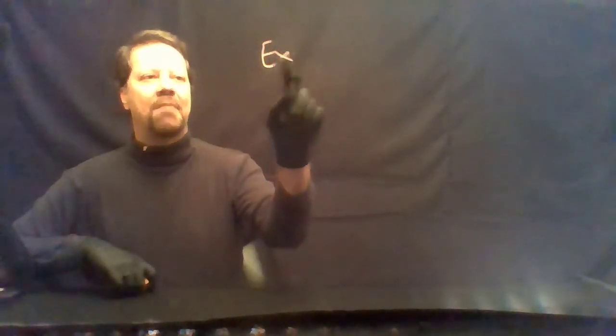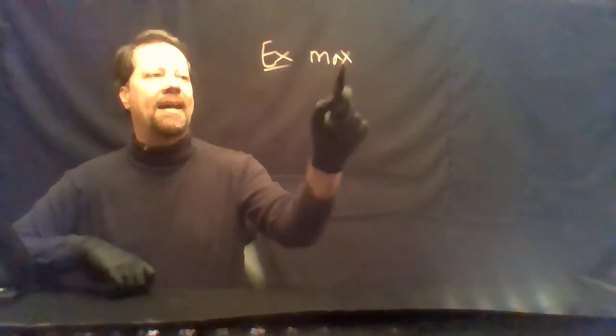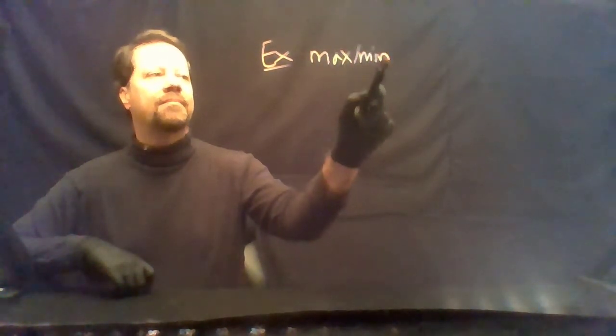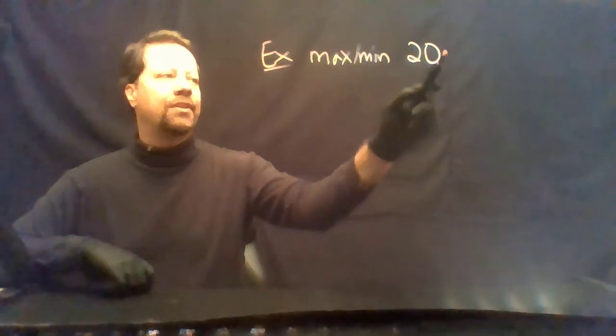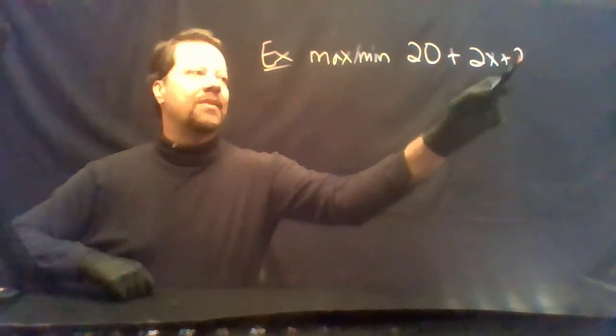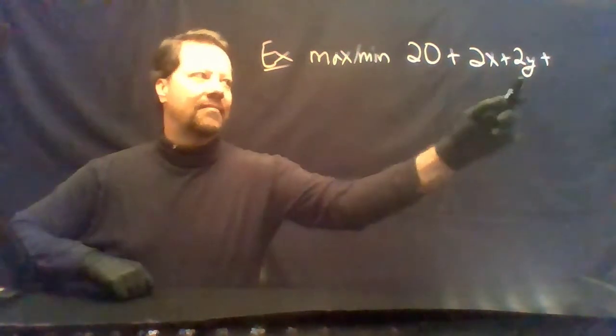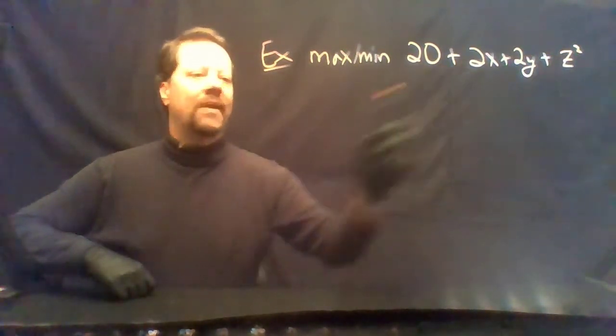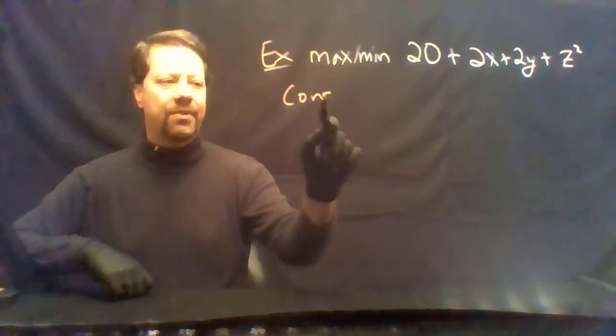In our next example, I'm going to show you a new feature. I want to find the max and the min of the objective function 20 plus 2x plus 2y plus z squared, subject to two constraints.